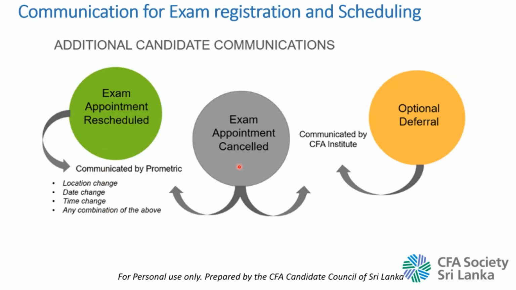When it comes to option deferrals, new additional exam cycles being made available, etc., those would come from the CFA Institute. So be mindful of who you need to communicate with, whether it's Prometric or the CFA Institute, on the different matters.